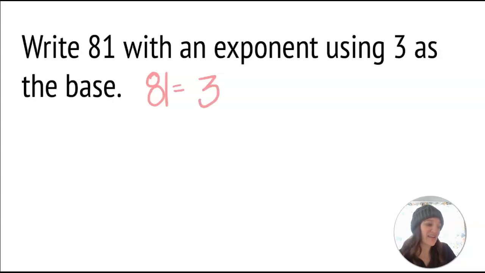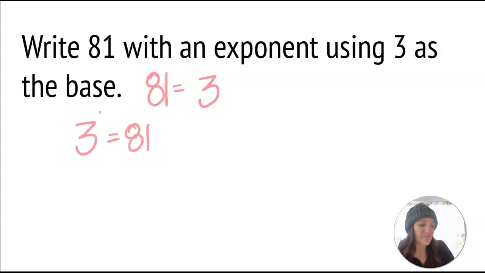I see what it's saying. So it's kind of working backwards. We know that the answer is 81. We know the base is 3, but what is the exponent? We can just go 3 times 3 times 3 times 3 until we get to 81.